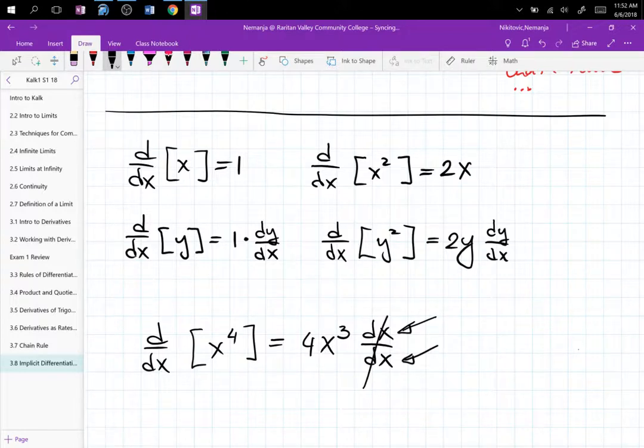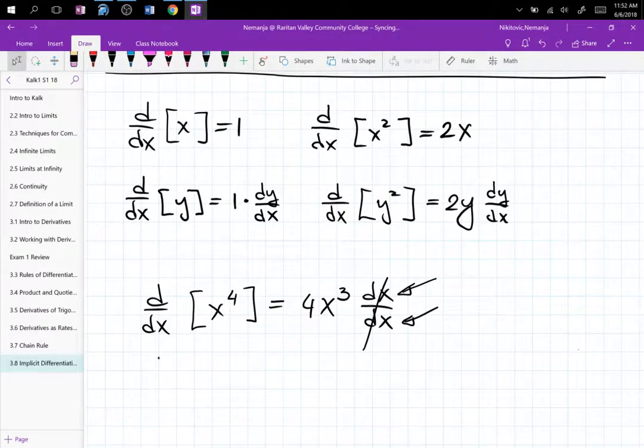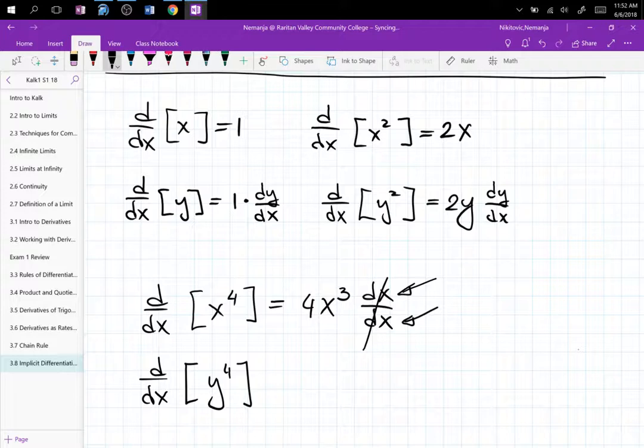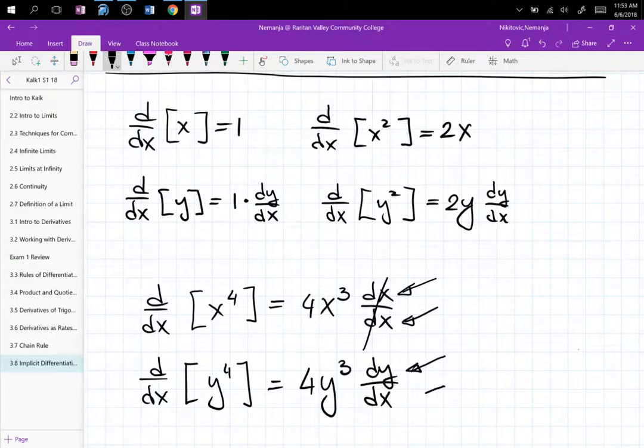But that cancels to 1, which is the reason why we don't write it. The derivative of y to the 4th would be exactly the same thing, so 4y cubed, but now you have to write dy dx because you took the derivative of y with respect to x. That's the chain. But now they don't cancel because they are not the same. So it has to stay.